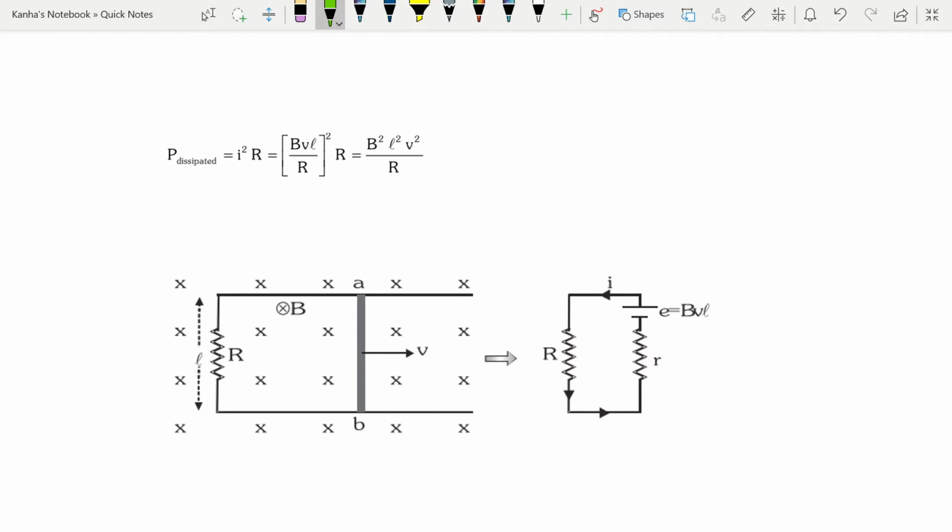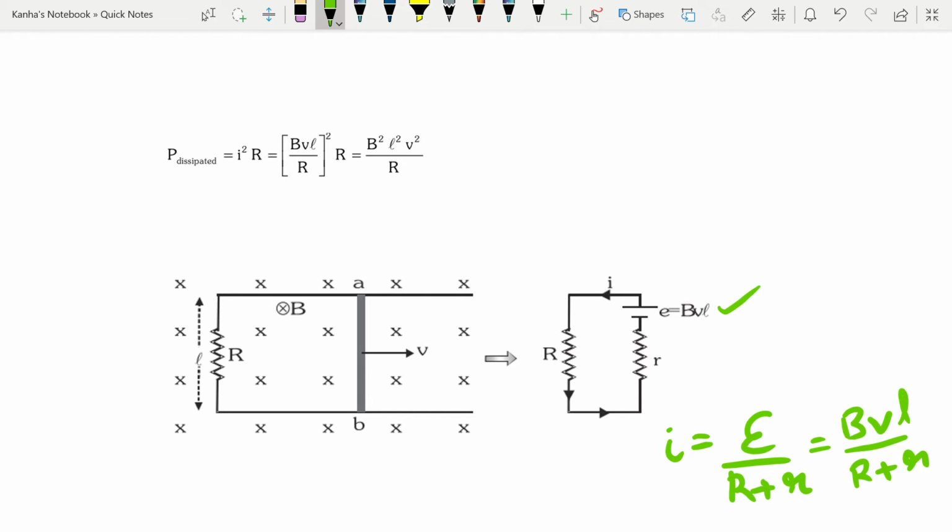Thus, I can write the current in the system as I is equal to the EMF induced divided by R plus small r, which is nothing but BVL divided by R plus small r. Note that the direction of the current in the system will be influenced by how the motion is being processed.